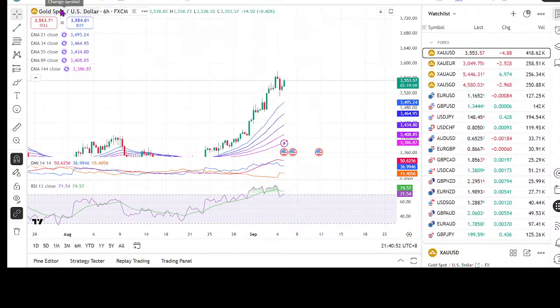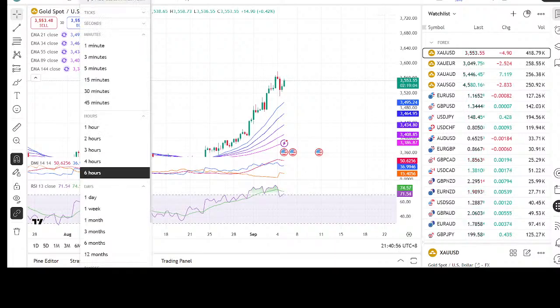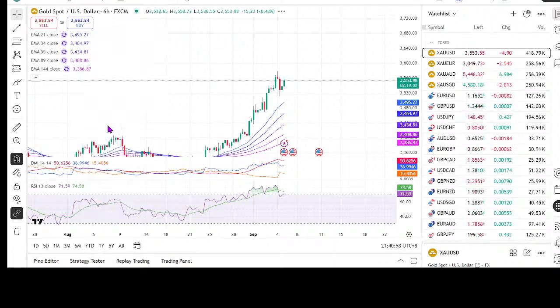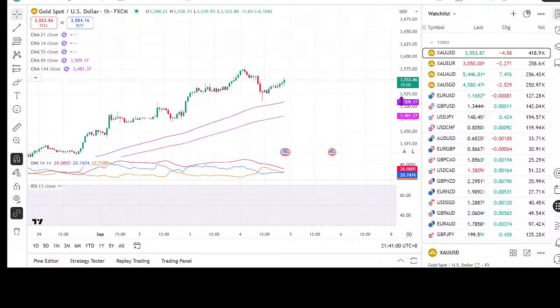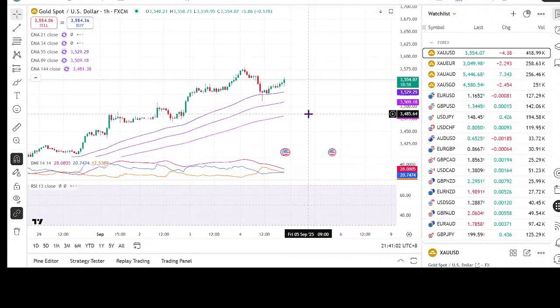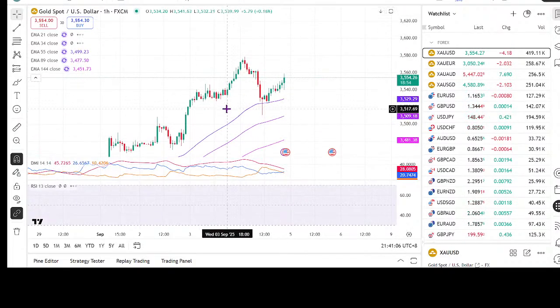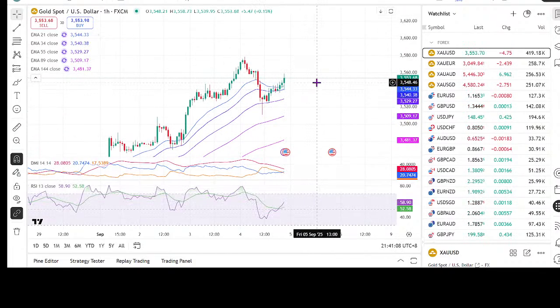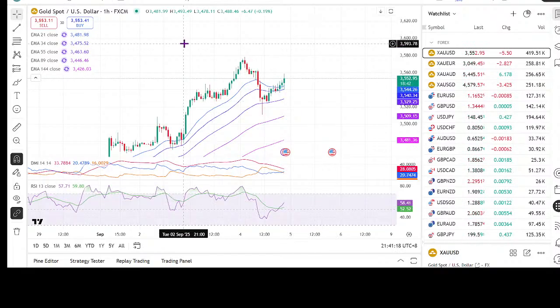So now how can we trade this? What we are going to do is, let's do on the hourly. It looks like the price is making a high, so we need to place our stop at 40. That means we want to go for an additional buy.